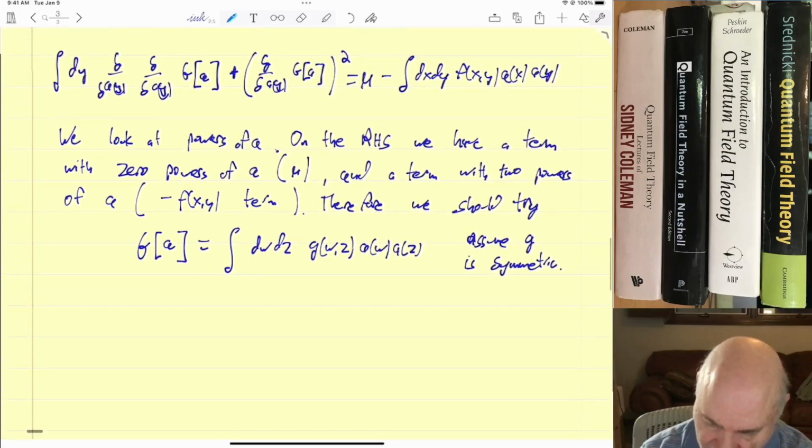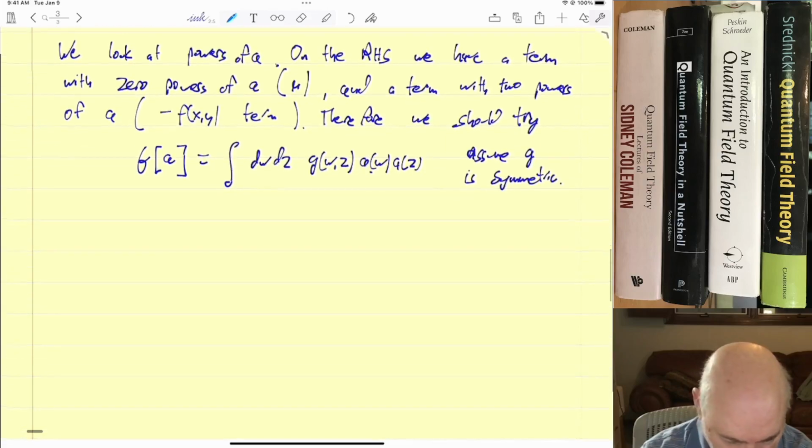So the idea here is when we take one functional derivative, that's going to knock down 1 power of a. Then we're going to square it, we'll get 2 powers of a. That can take care of the f(x,y) term. When we take two functional derivatives of this, it will eliminate both of the a's and we'll get a constant term. So that should give us 2 equations to solve, and it does.